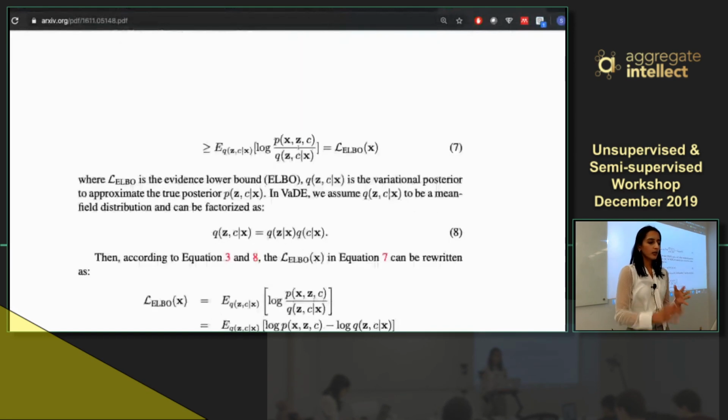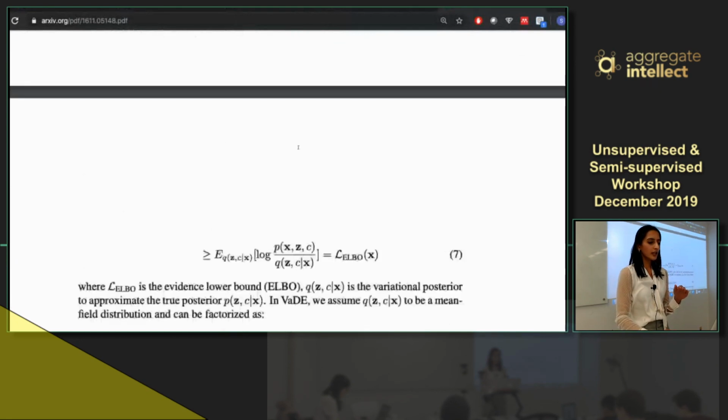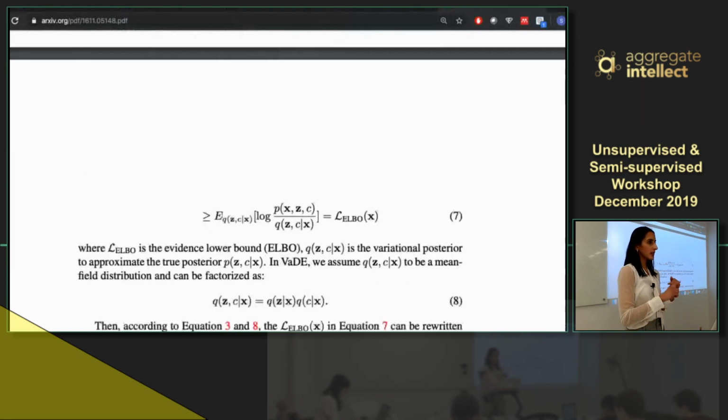They also mention straight after that equation that we're going to estimate the z component and the cluster component, which are the two parameters we need to learn, given our data, with this term here, which is the joint probability of x, z, and the cluster, as well as this q(z, c | x) here.